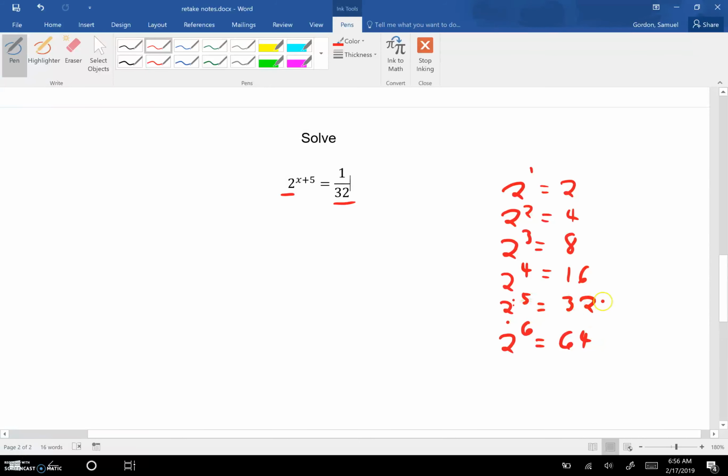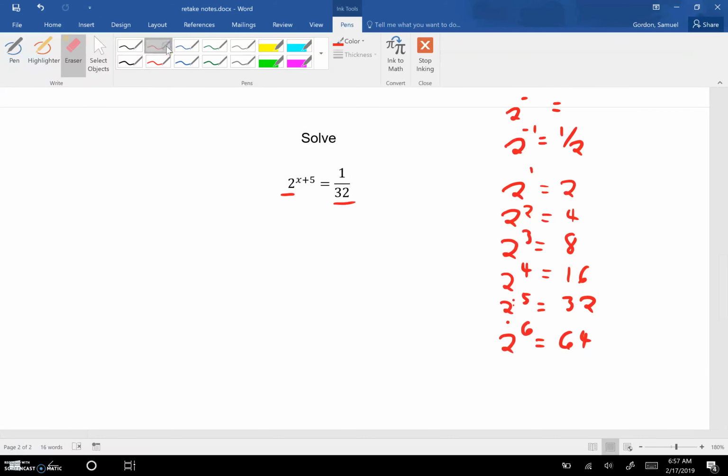Okay, now you can stop right here. You got 2 to the 5th is 32. You're like, oh, great. But wait a minute. That's a fraction. This is not a fraction. Well, you got to remember, 2 to the negative 1 is a half. 2 to the negative 2 is a fourth.